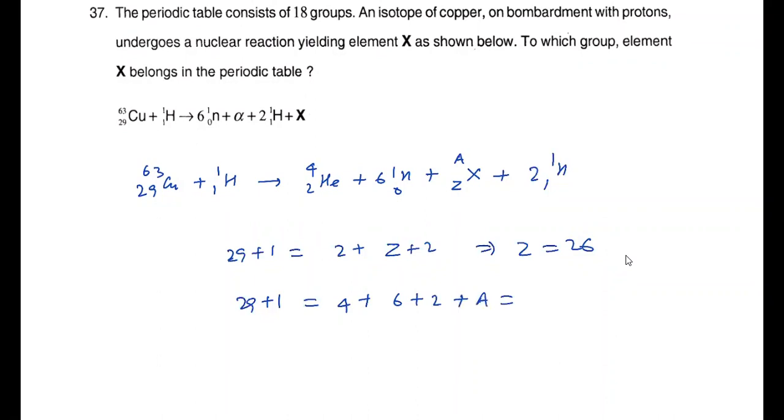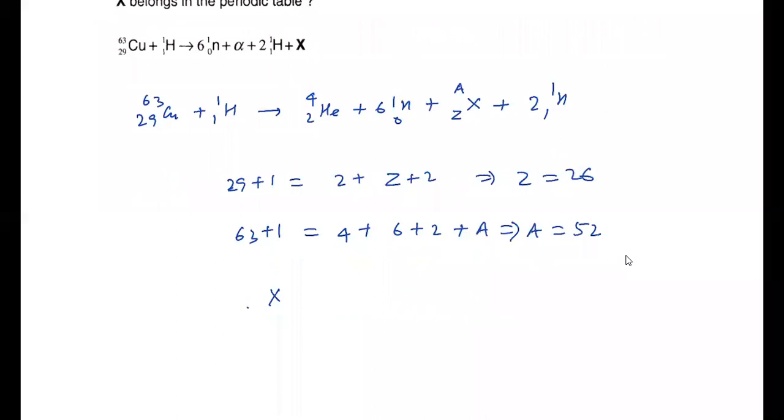So this becomes 63 plus 1 is equal to 4 plus 6 plus 2 plus 8. So from here mass number will come out to be 52. So your element X is actually 26Fe52, and for 26 you know it is iron, configuration is argon 4s2 3d6.